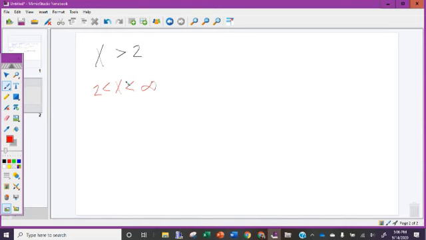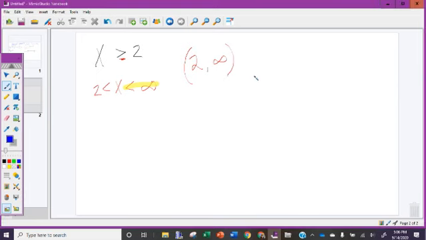But it's redundant to write this part, so we don't write it. When I'm writing my interval notation, I'm starting at 2, but I'm going forever to infinity. And because 2 is strictly less than, it's going to be parentheses, and infinities are always in parentheses.